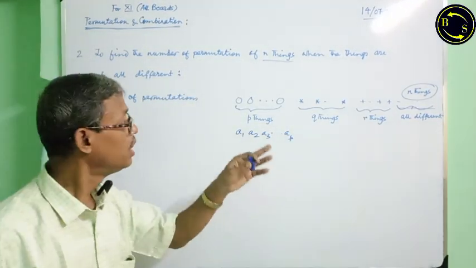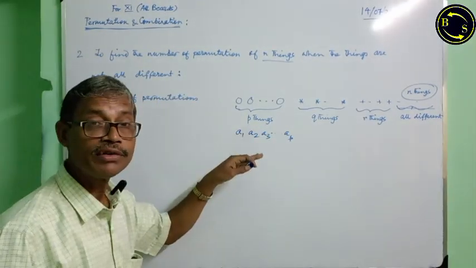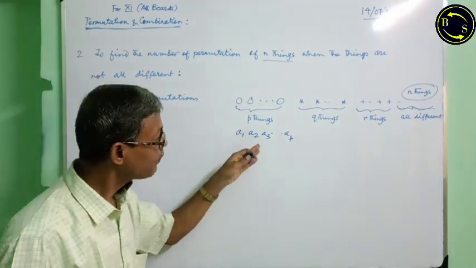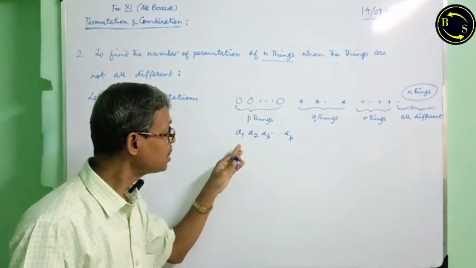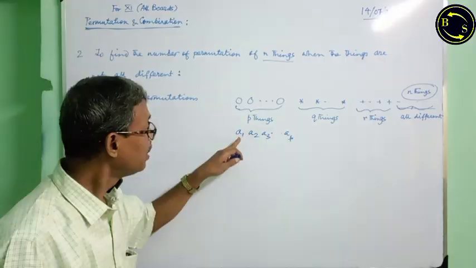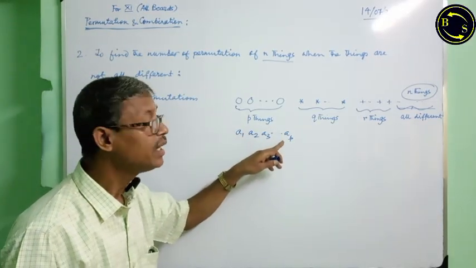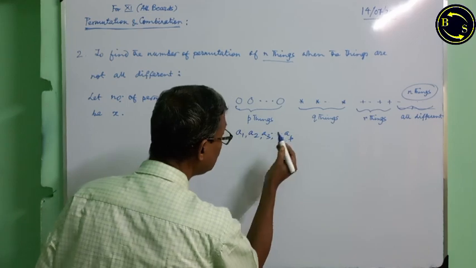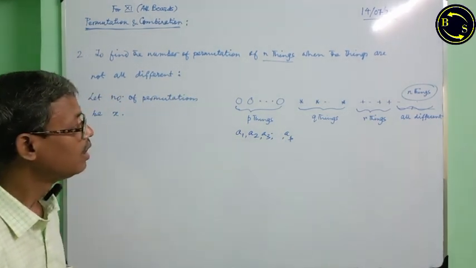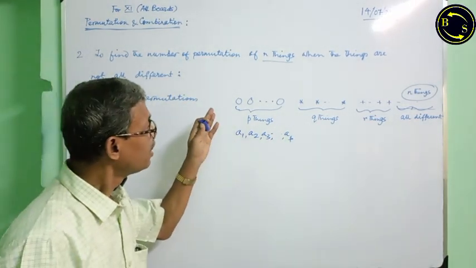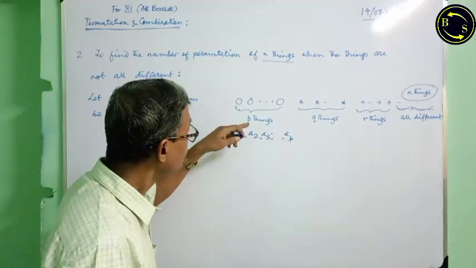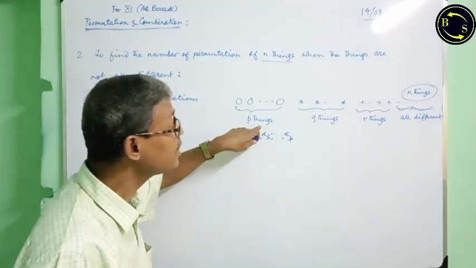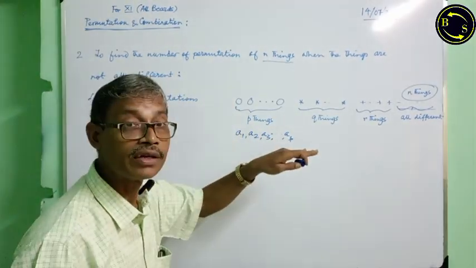Follow that. P things have been replaced by different p things which are a1, a2, a3, ap. That means p things of same kind here are now different.